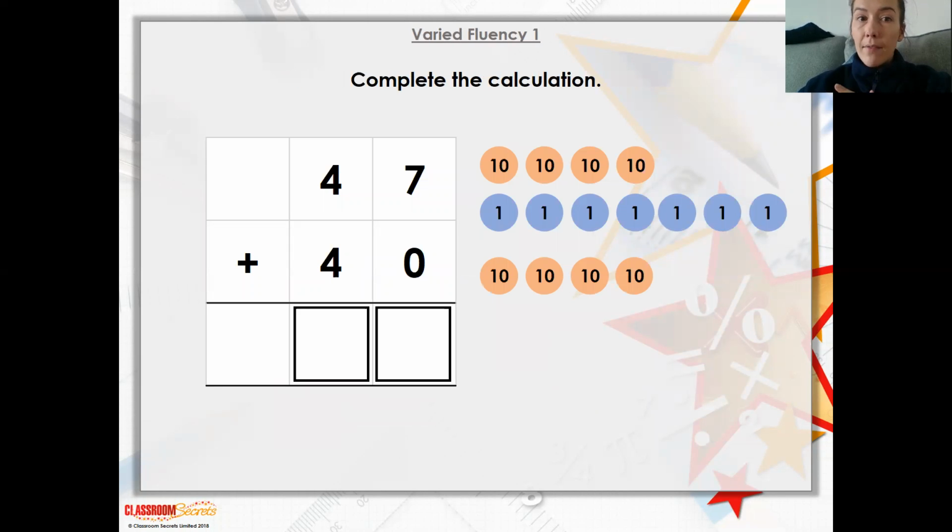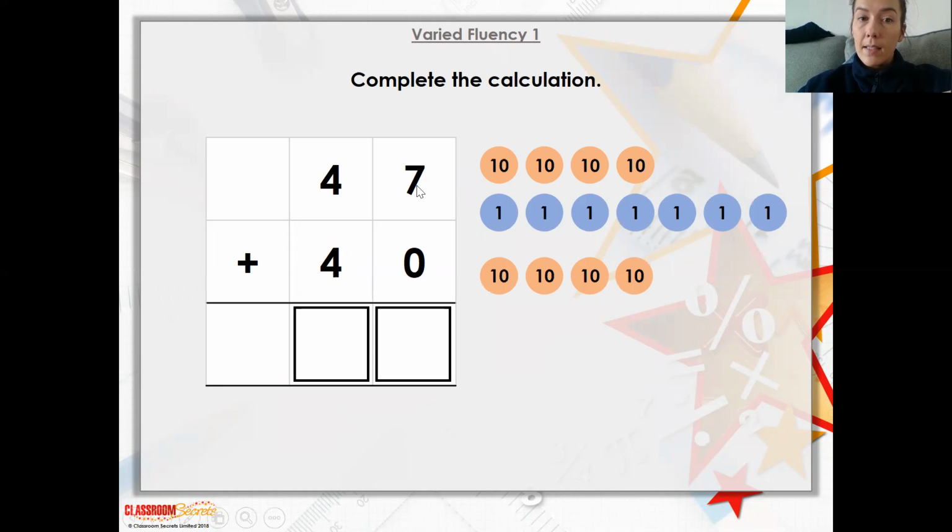Okay, we have got the column method here. It's asking you to complete the calculation, and it has also got the place value counters giving you the representations of the numbers. So we've got 47, add 40. Like I said the other day, start with your ones.